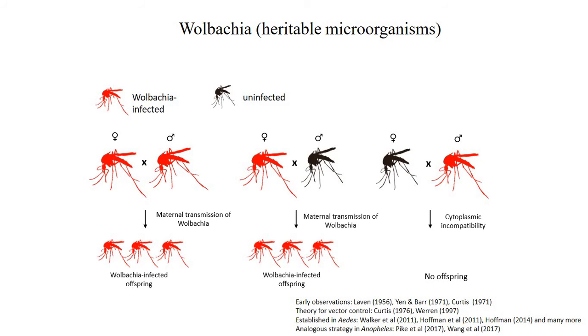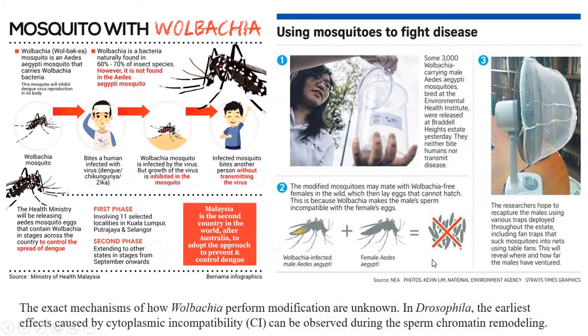Only females bite humans because they need blood for making eggs. When you release these Wolbachia infected males in the wild, they can compete with wild type males to mate with the females, and that will lead to no offspring, so that will bring the population down.